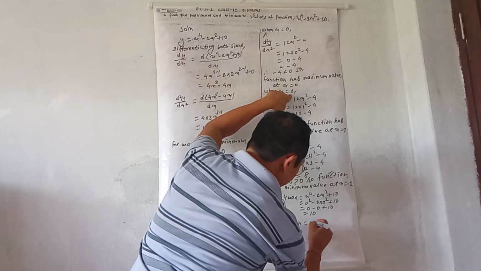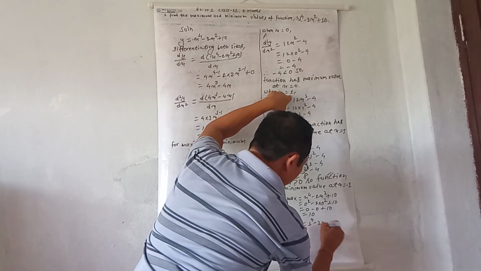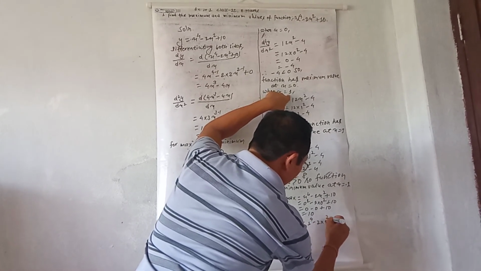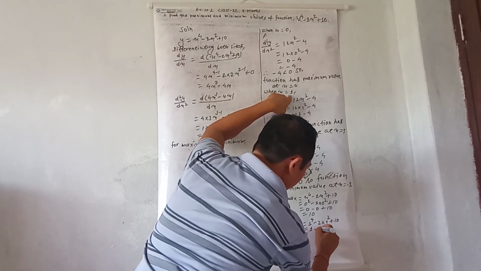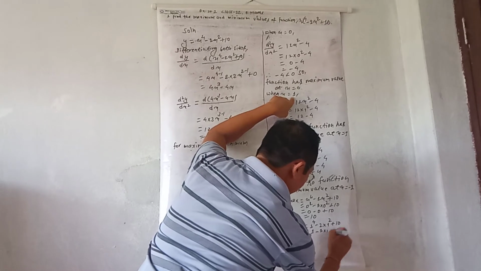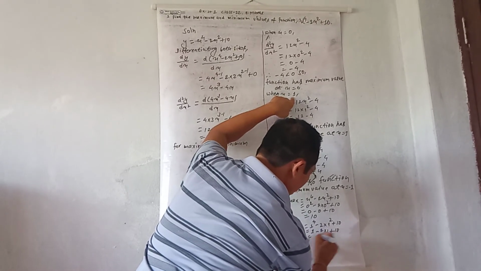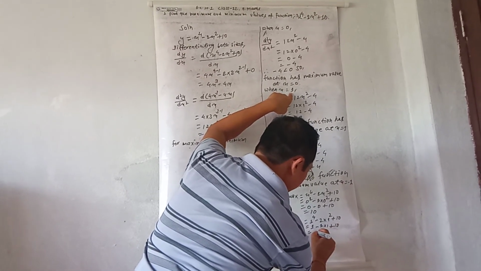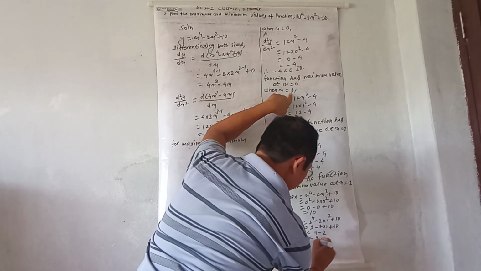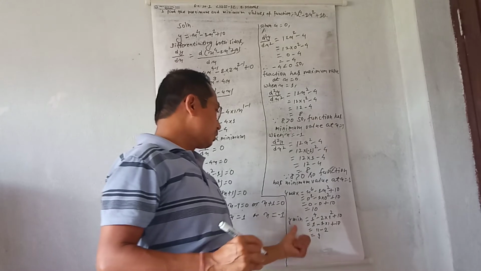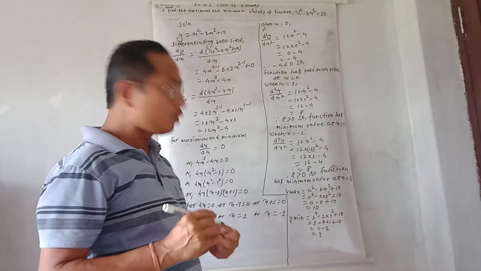X power 4 means 1 power 4 minus 2 into 1 square plus 10. 1 power 4 means 1, minus 2 into 1, plus 10, is equal to 1 plus 10, which is 11, minus 2, equal to 9. So 9 is the minimum value of the given function.